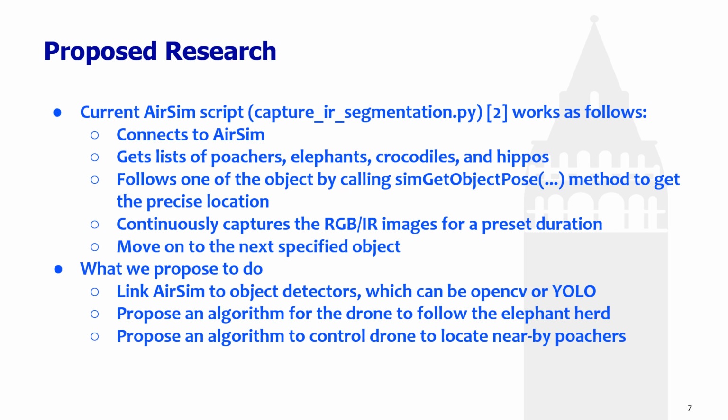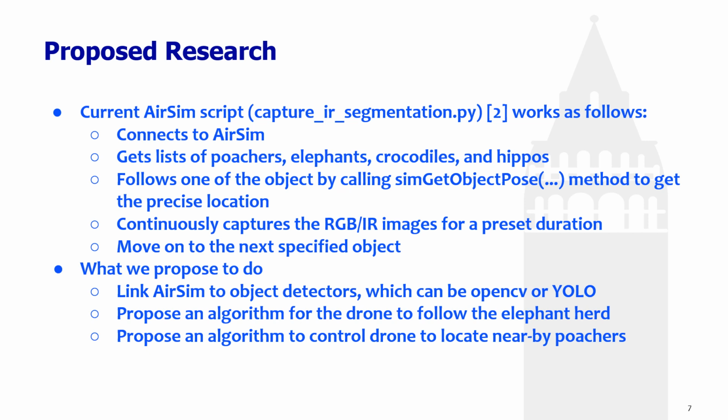It will next follow one of the objects to get the precise location, by a method called simGetObjectPose, and it will continually capture the RGB or IR images for a preset duration, and after this duration, it will then move on to the next object, and the process repeats over again.